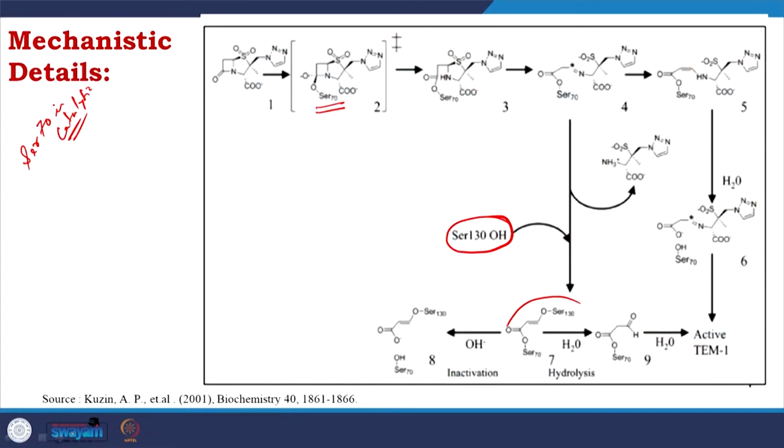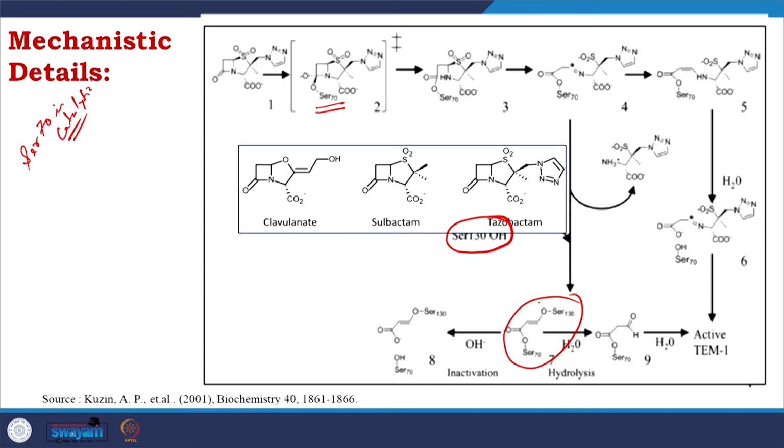They not only involve the catalytic serine 70, they also involve a secondary catalytic residue serine 130, making a bridge between them. If you see, they make a bridge between them. So, it is very difficult to develop resistance. So, these are good drugs, they worked, but we want to know more about them, so that we could develop better drugs, next generation drugs.